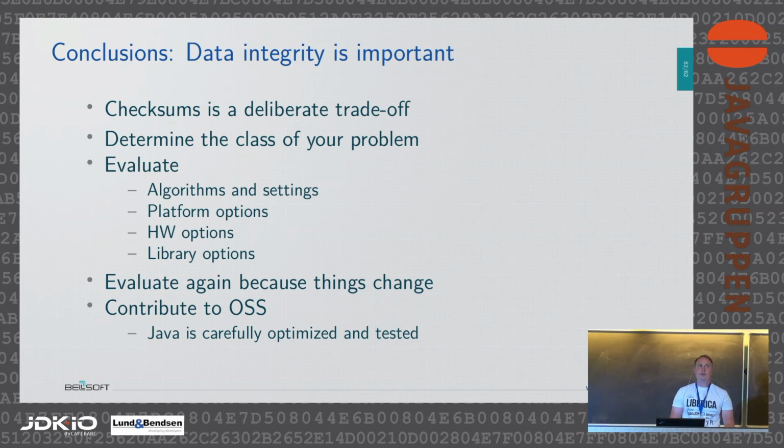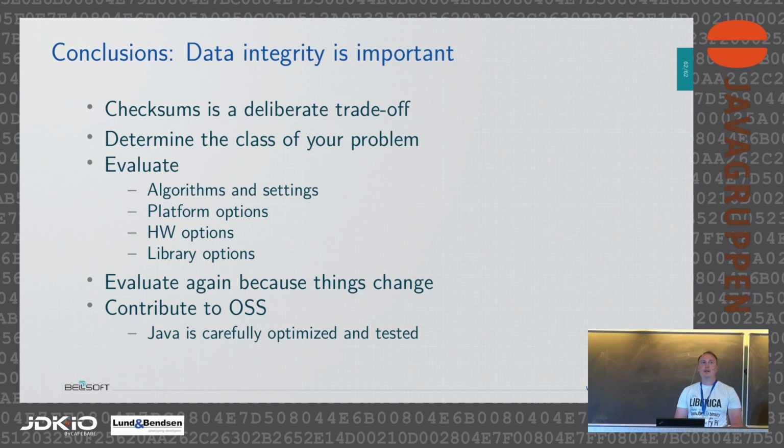And if you use some algorithm, please look at standard implementations. They are optimized. They are tested. Like if you need some checksum, well, take CRC32C. Use the Java implementation. It will work just as you expect, fast and correct. If you need something else, please look into libraries that are widely used and well tested, like Apache Commons.